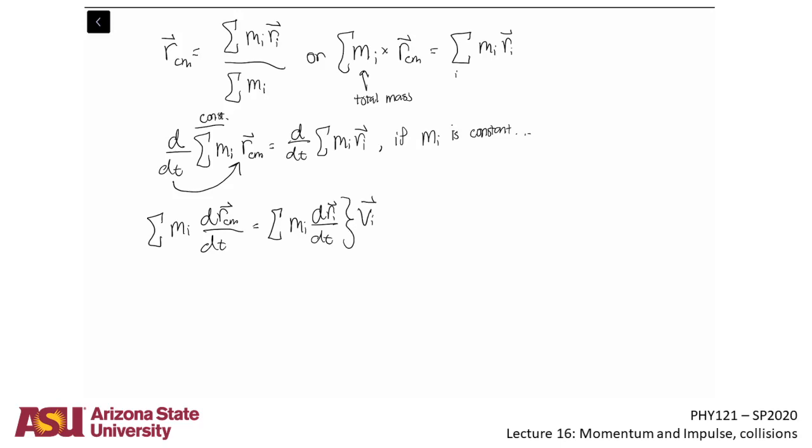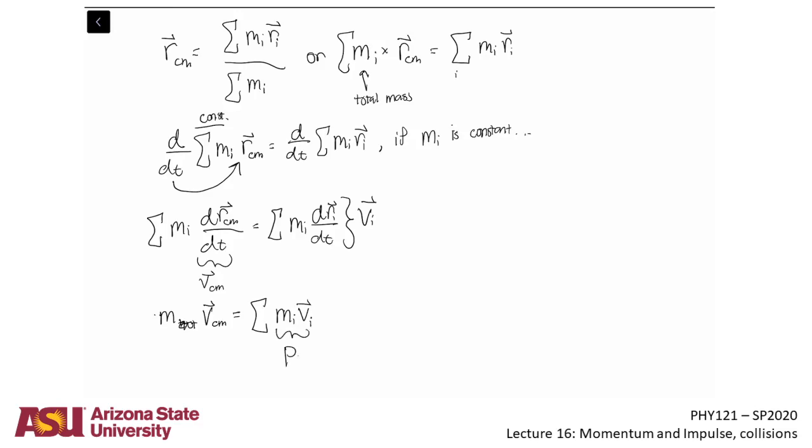This is the velocity of particle i. Therefore, we can define what we call the center of mass velocity, which is the time derivative of the center of mass vector. And this is now the total mass times the velocity of the center of mass is equal to the sum of m_i v_i.